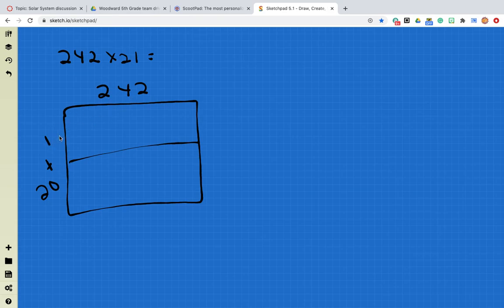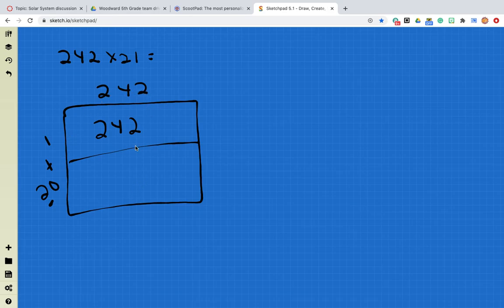Then I'm going to go ahead and multiply, find my partial products. 1 times 242, that's 242 ones, right? 20 times 242 is a little trickier, right? This is going to be 2 tens times 242.